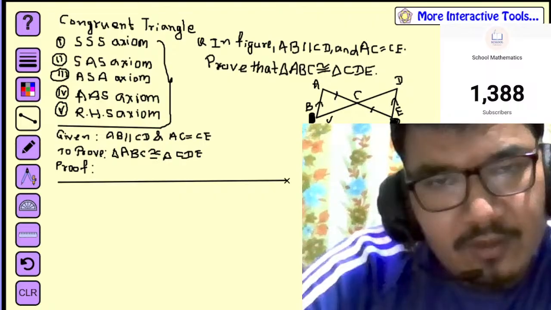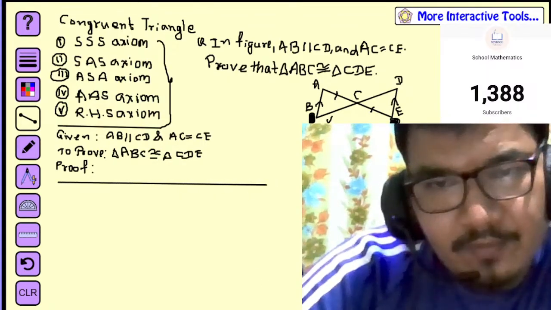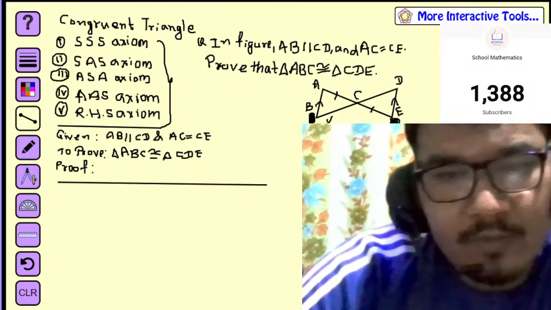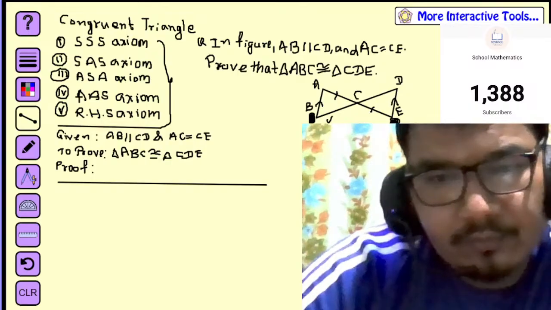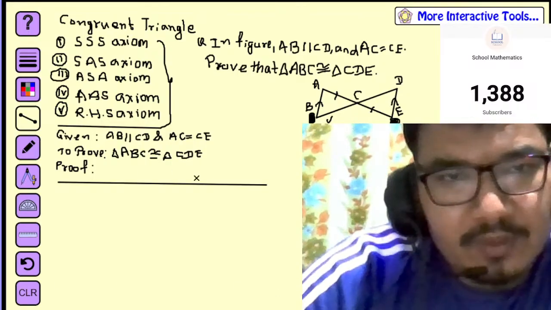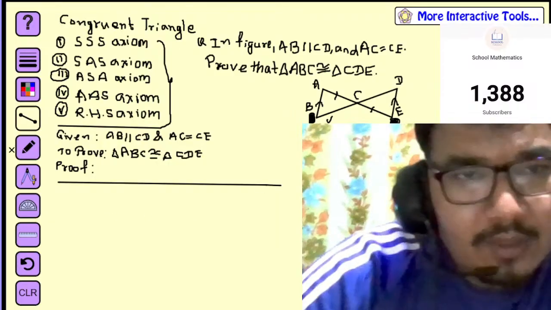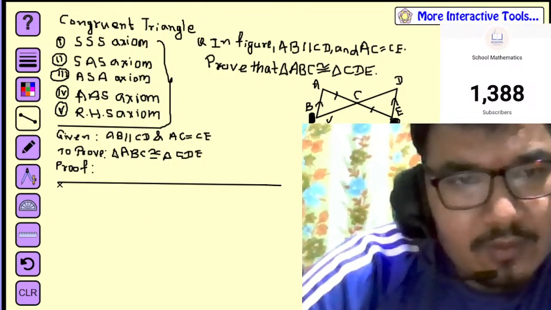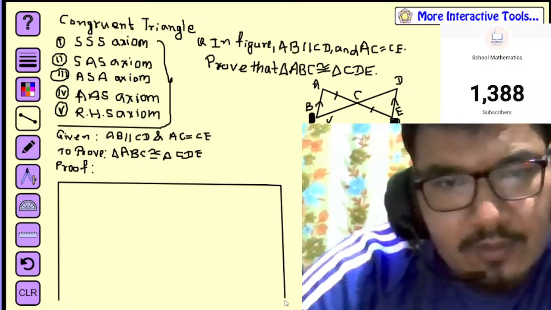Draw this down like this, and here also like this.